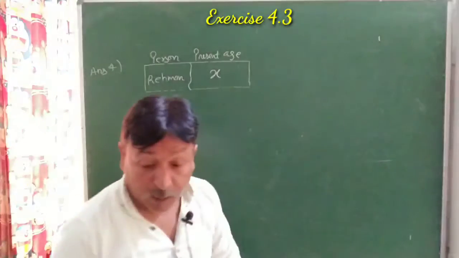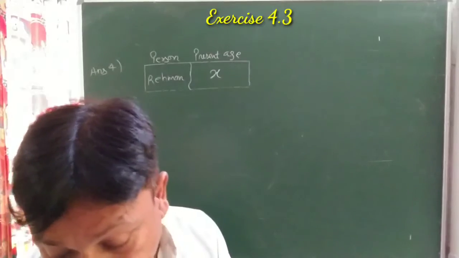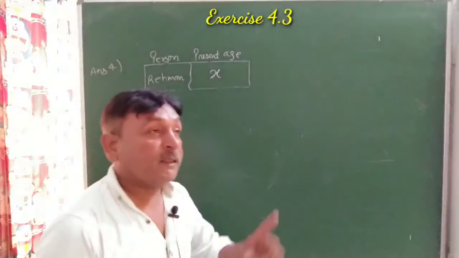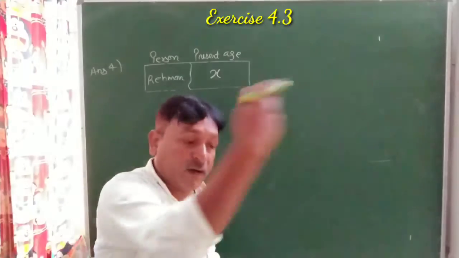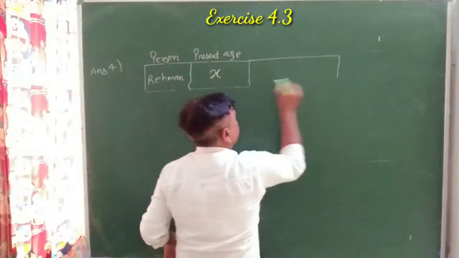Now in the question we have to find Rahman's age 3 years ago and 5 years from now, meaning 3 years back and 5 years forward. So we have to find two ages.